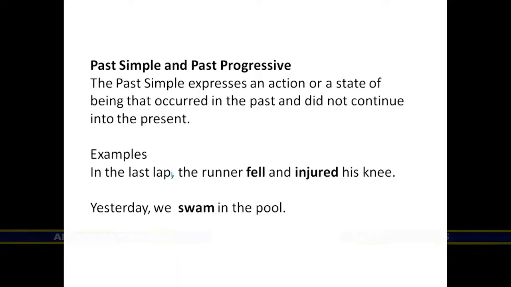But the past progressive has to do with three things. We use the past progressive, meaning was or were plus any ing word. The past progressive or past continuous, the formula for it is was or were plus any ing verb. That's what we refer to as the past progressive.